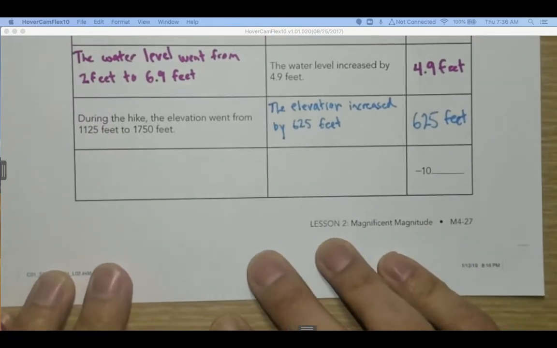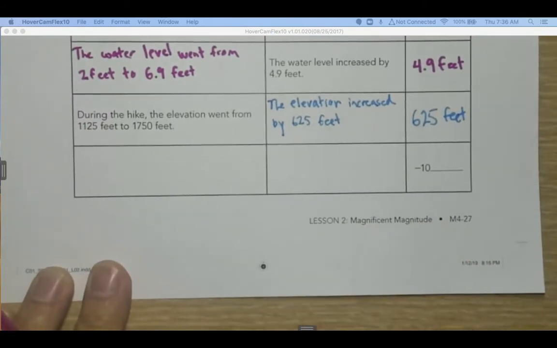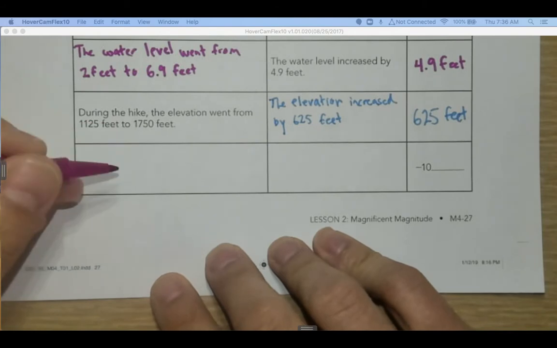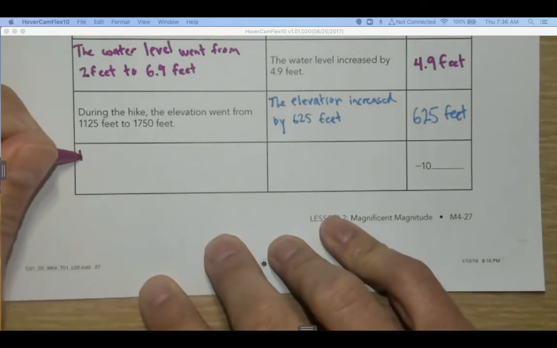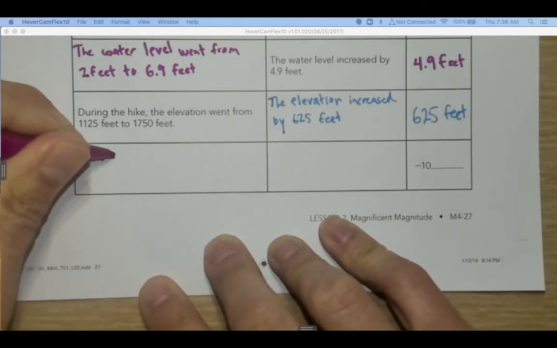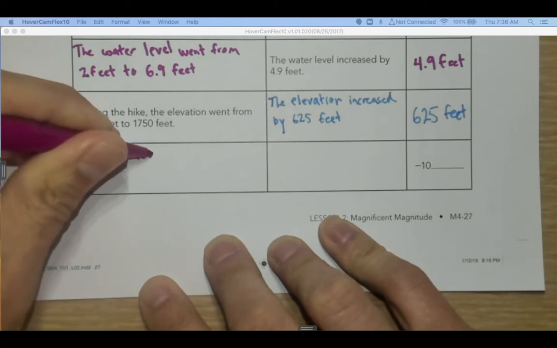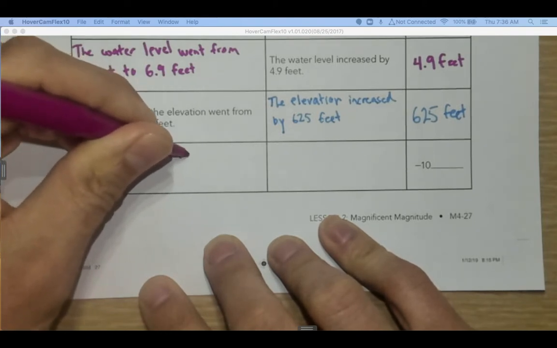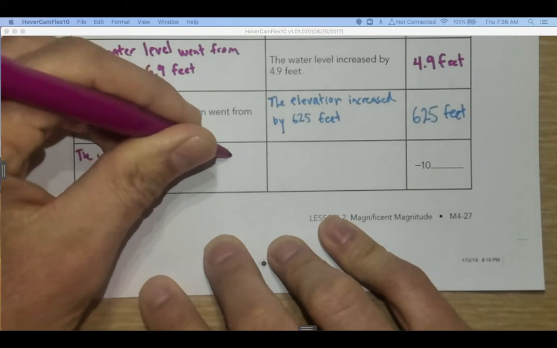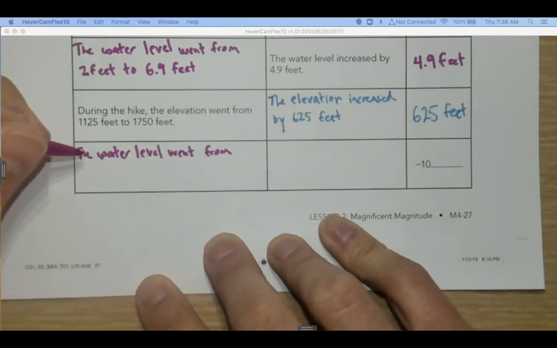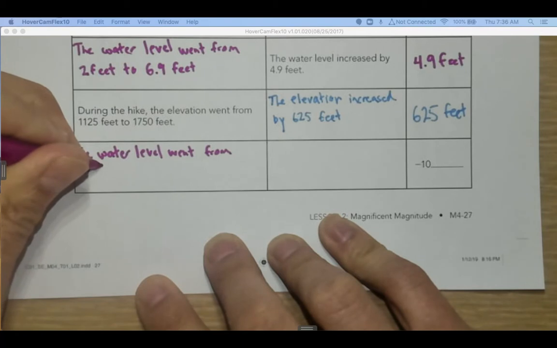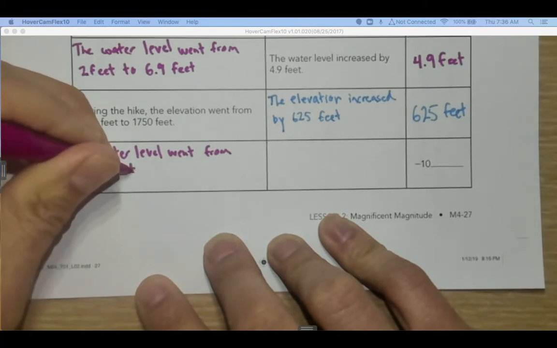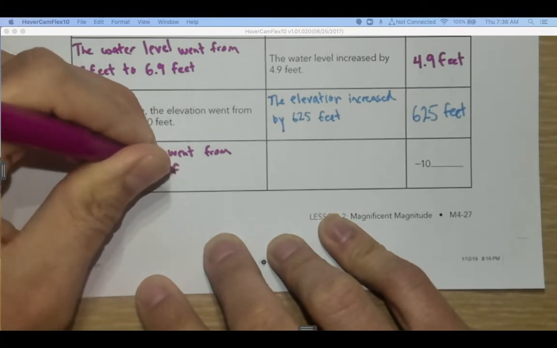Okay. And then this last one could be a whole bunch of different things, but the water level went from 25 feet to 15 feet.